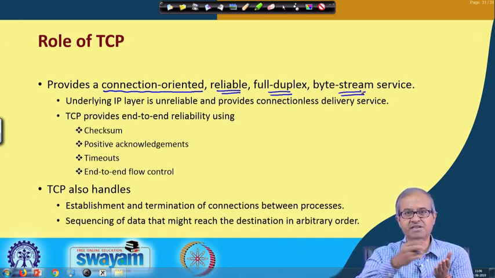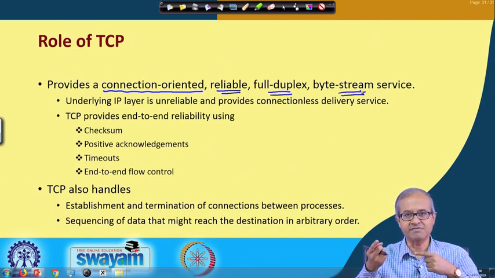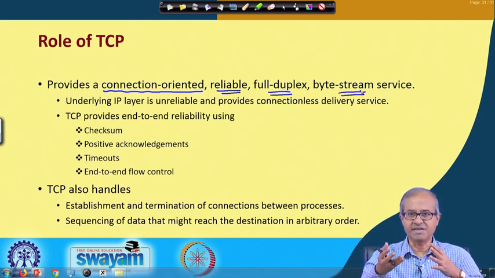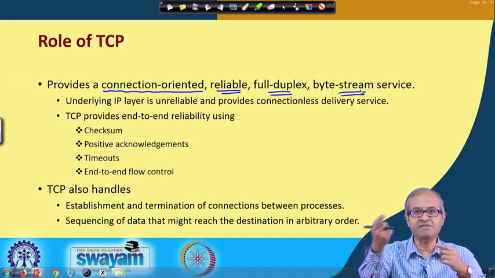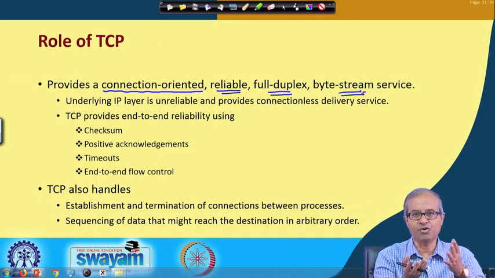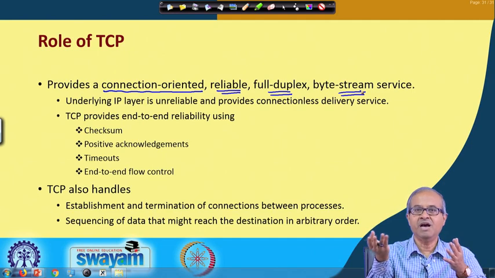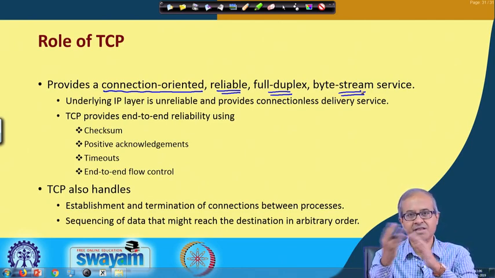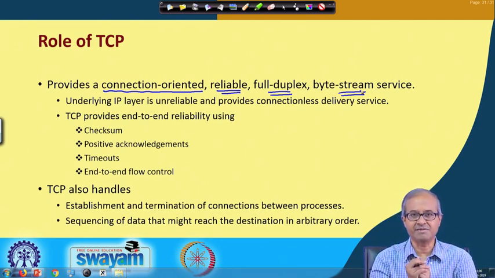So, each byte has a number 1, 2, 3, 4, 5, 6, 7, 8, and both sender and the receiver keep track of these byte numbers. How many bytes I have already sent, how many bytes I have not yet sent, and similarly the receiver sometimes sends back an acknowledgement. It says that well, I have received all bytes up to byte number 1050, you can now send me the bytes after that, something like that. Okay.